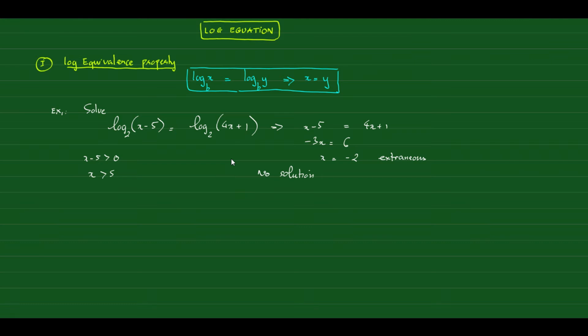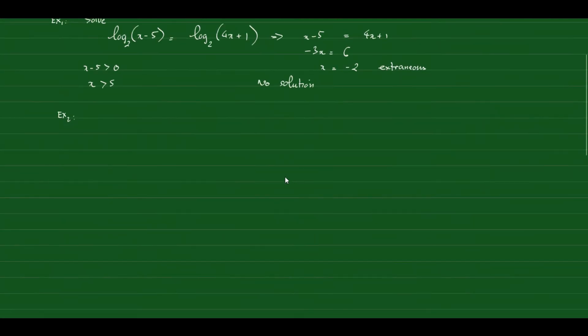See, very simple. How about this one? Let me give you one where you can solve for x, and that x is a solution. I have log base 8 of x plus 2 equal to log base 8 of 2x minus 1.